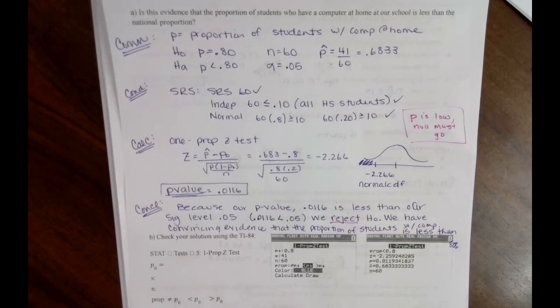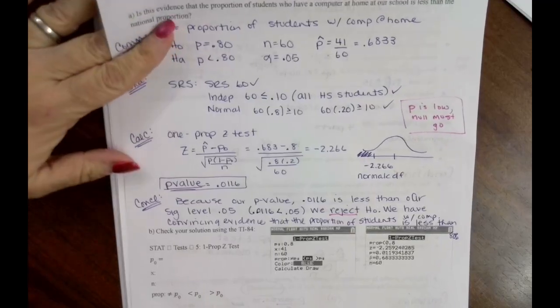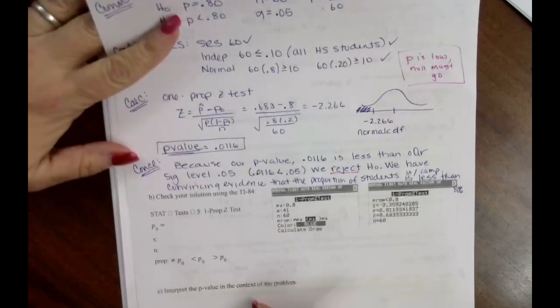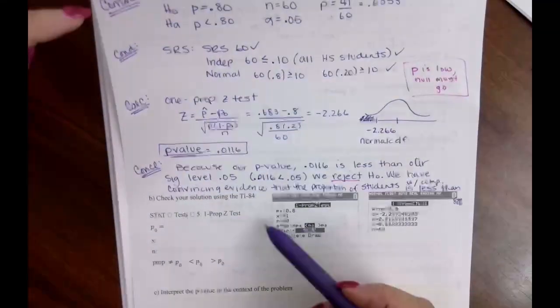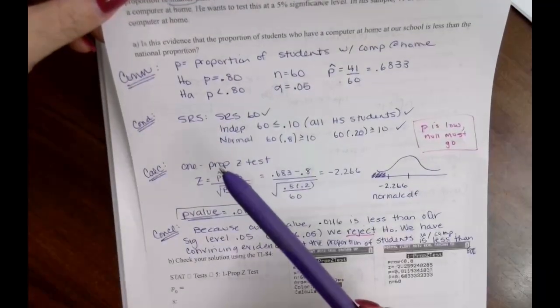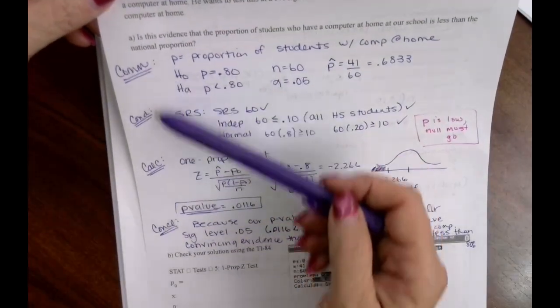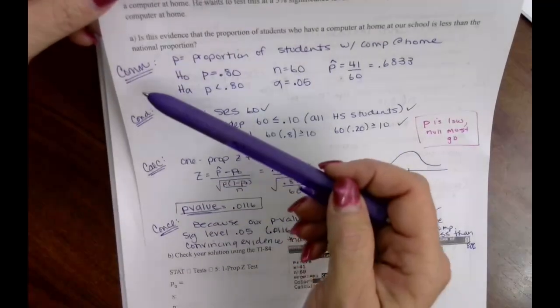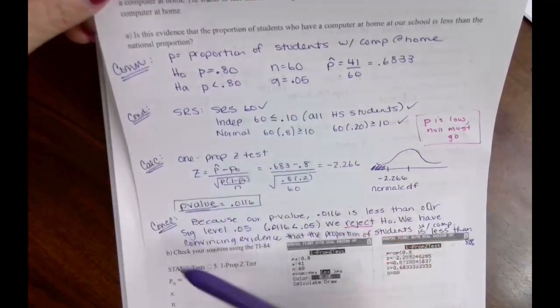Kind of ran out of room there. Okay, so this is the whole thing. So all four things. So when we're doing a confidence interval or we're doing a significance test, you have to have all four: communicate, conditions, calculate, conclusions.